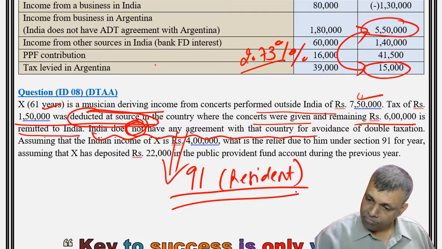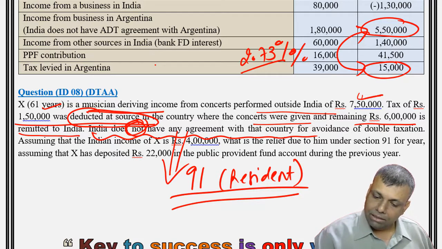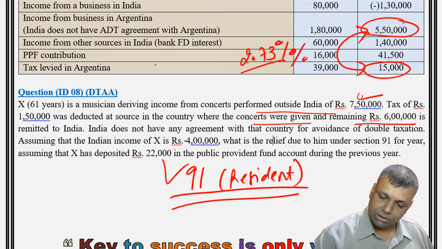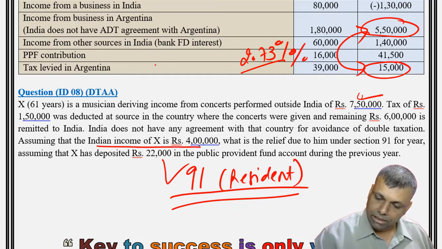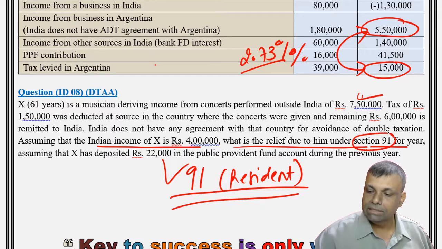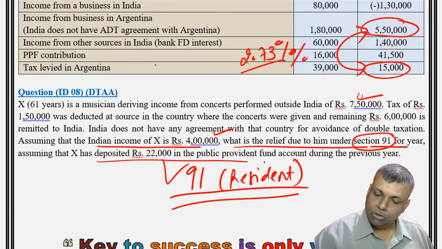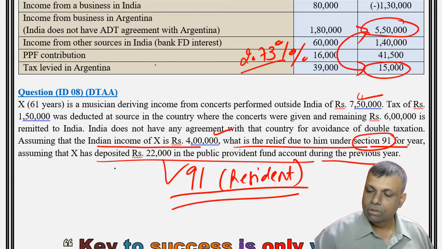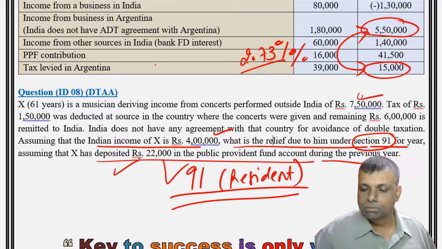Indian income is 4 lakhs. The question asks what relief is due to him under section 91 for that year. Further, assuming he deposited 22,000 in the PPF, you have to give section 80C in relation to this figure.